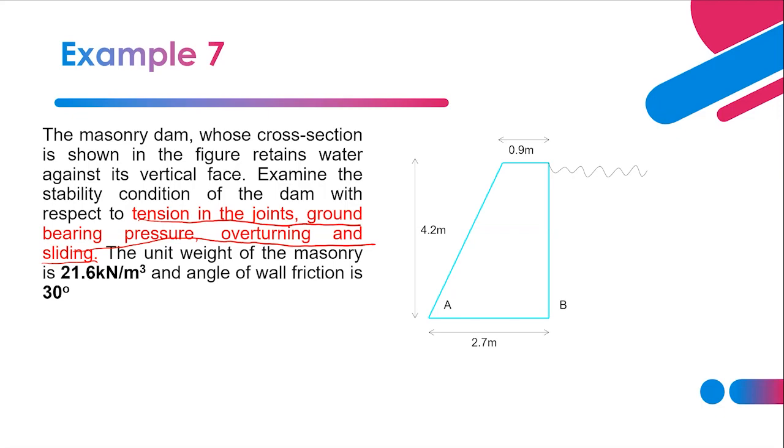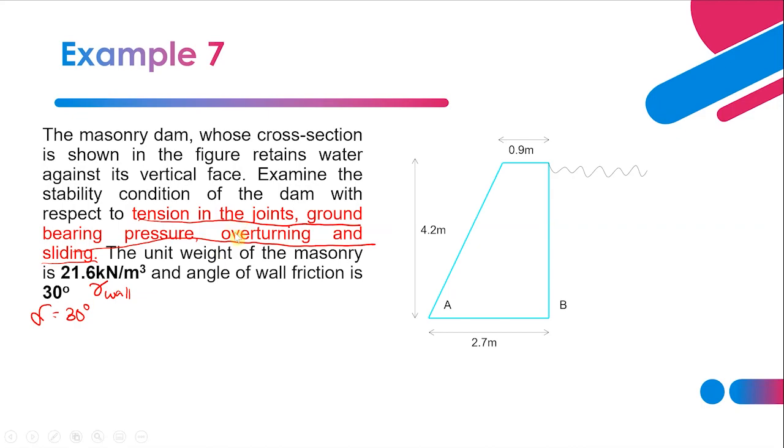The unit weight of the masonry is 21.6 kN per meter cube. So ini adalah unit weight of the wall lah, ataupun masonry tu sendiri. And angle of wall friction is 30 degrees. Jadi wall friction, which means delta tu adalah 30 darjah.